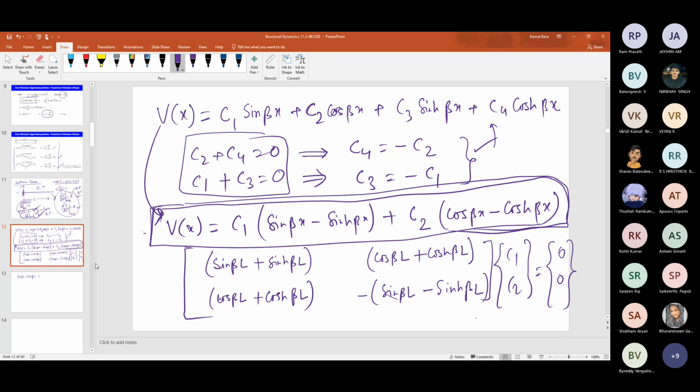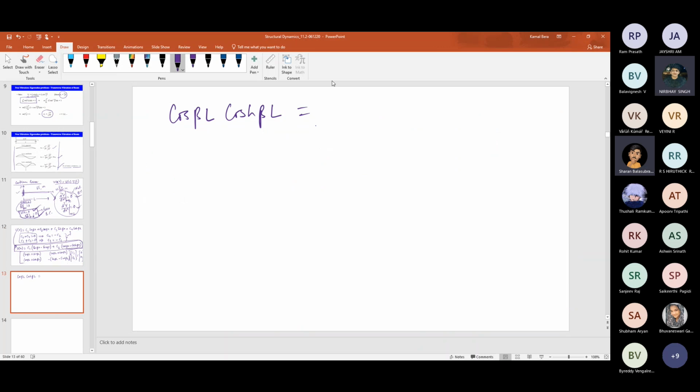Because the final expression I know that cannot be changed. Okay, there is some mistake then in the calculation, applying the boundary conditions. That is standard. These are exact solutions, right? They are not approximate solutions, sir. Cos beta L into cosh beta L is coming minus 1.